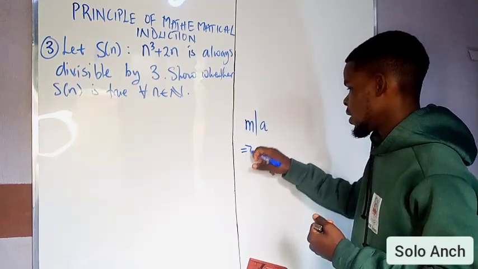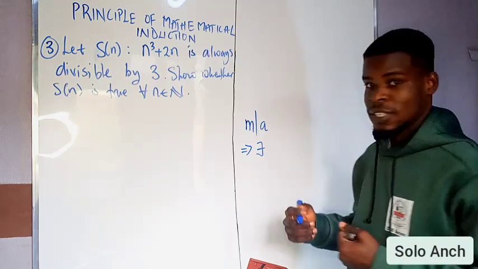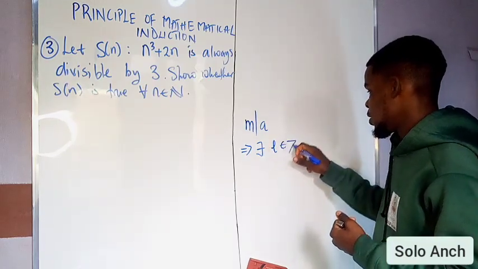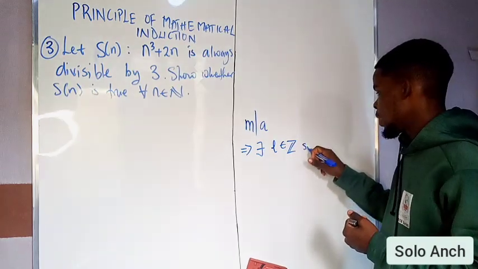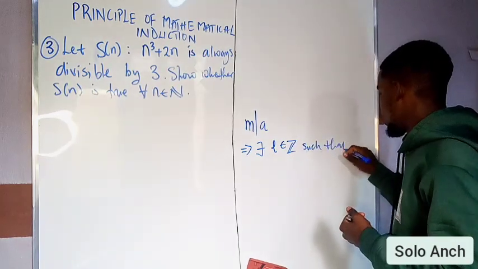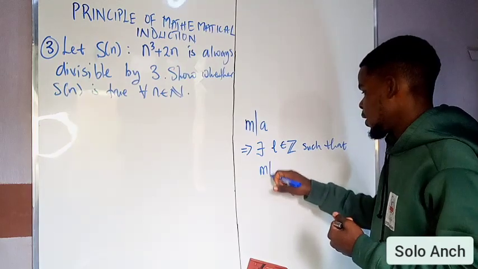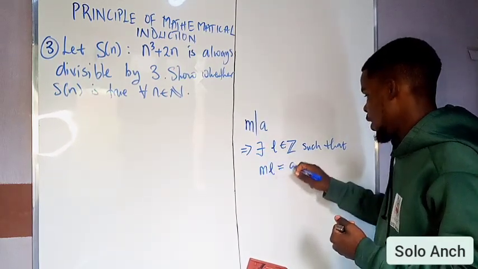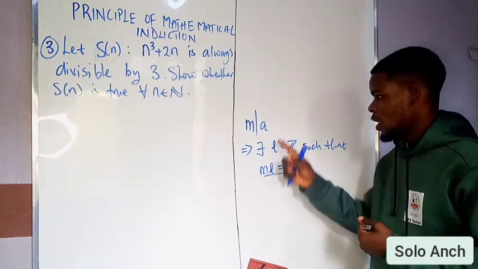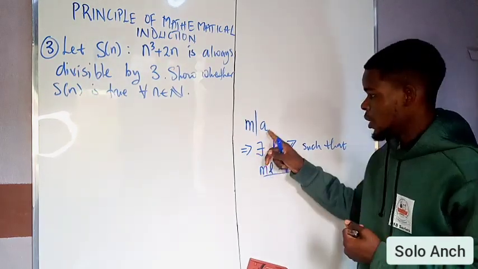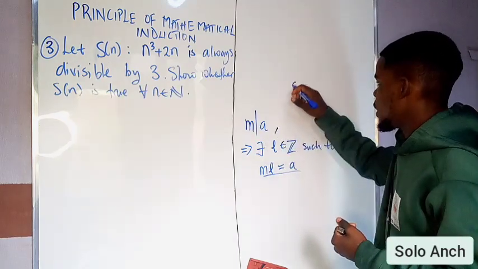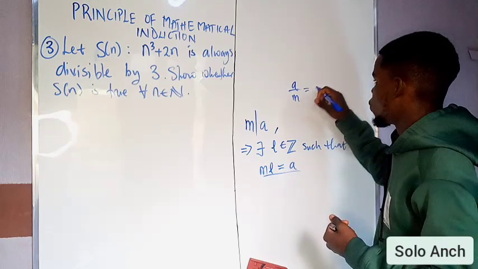That tells us that there is a certain integer, let's call it L, a certain whole number L, such that when we multiply m with that whole number, we are going to get a. That's what it means for m to divide a, or a to be divisible by m. Okay, so that means if we compute a over m, the result will be a whole number.